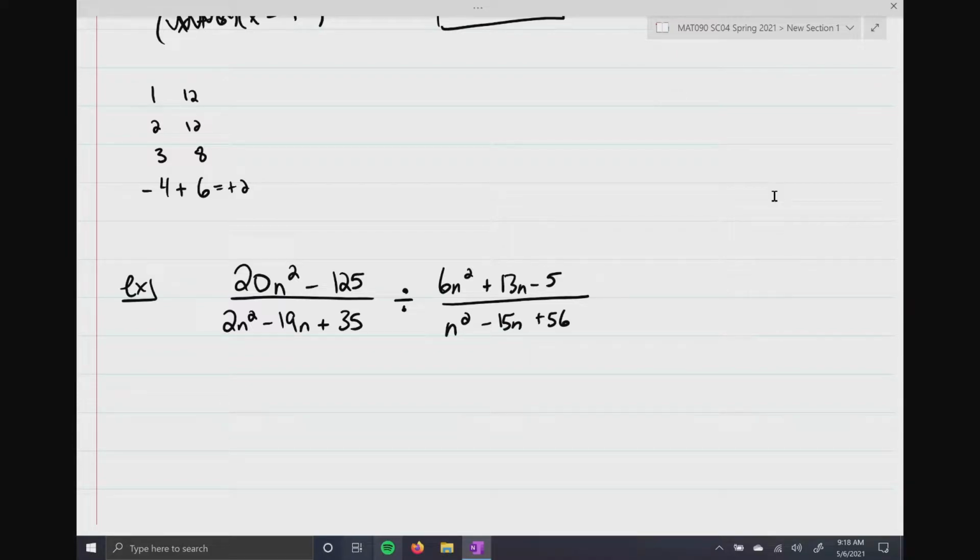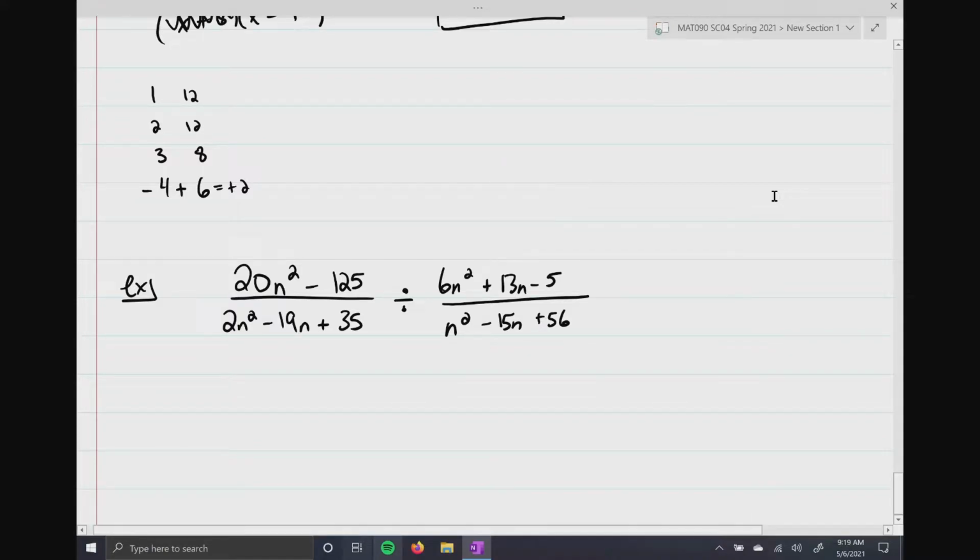Okay, we ready to go over this? This one's a biggie. I got 5n minus 40 over 6n squared plus 13n minus 5. Is that your final answer? Yes.